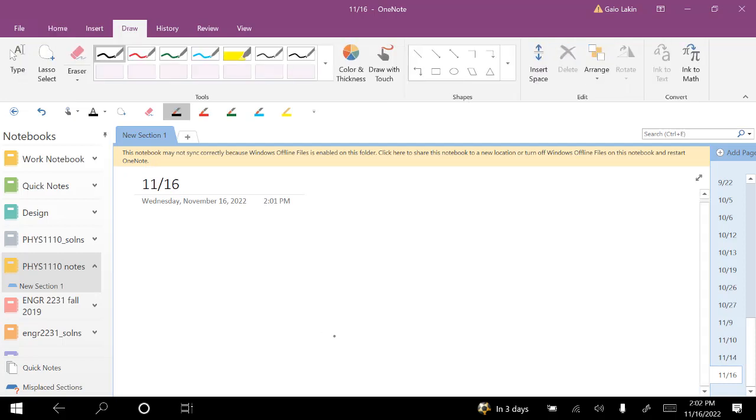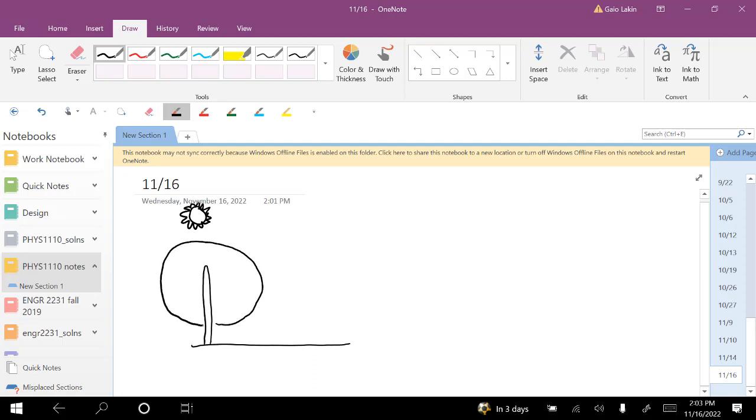So if this is the ground and this is the sky, there really are only two types of circles that we're going to deal with in this class. There are circles that are oriented like this. That's a Ferris wheel.